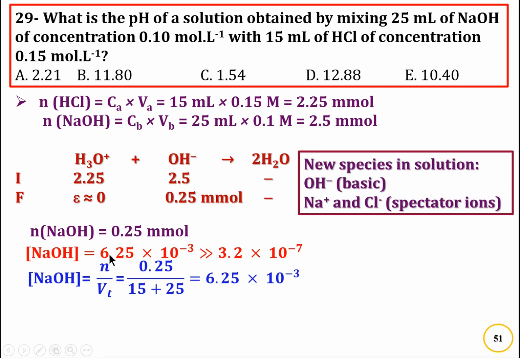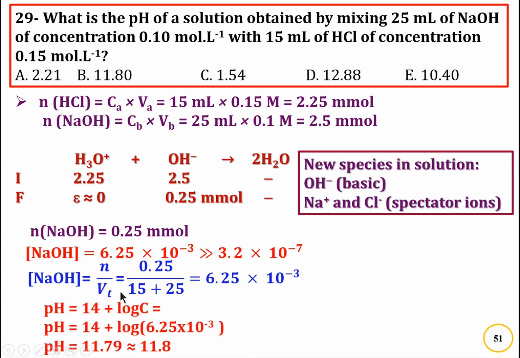This concentration is greater than 3.2 10^-7, so the pOH of the solution equal pC, and pH plus pOH equal pKw, so the pH of the solution equal 14 plus log C, and the pH is approximately 11.8. So the correct answer is B.